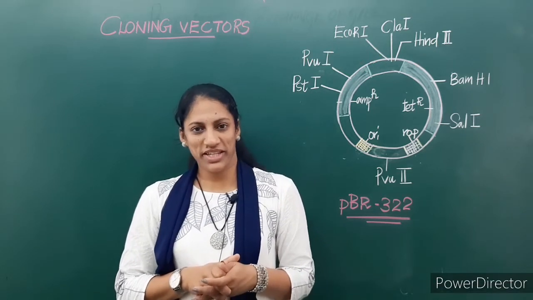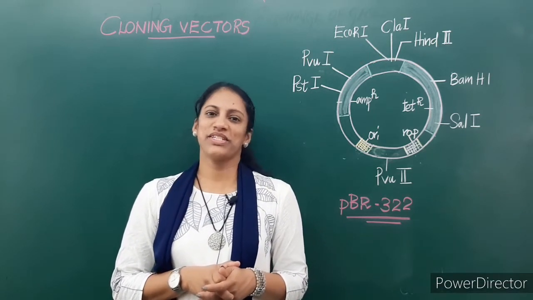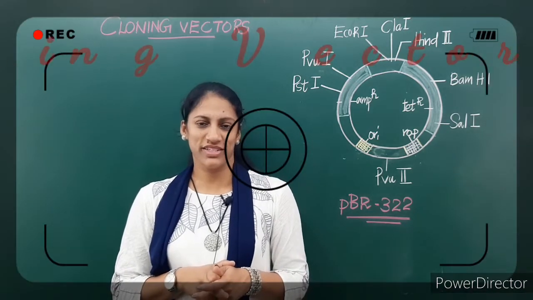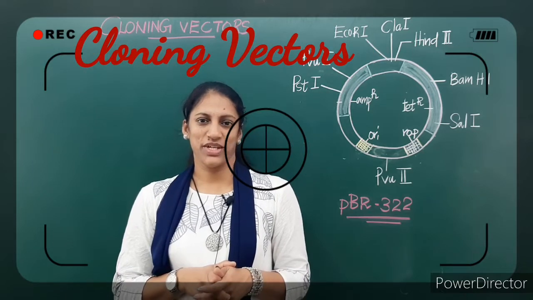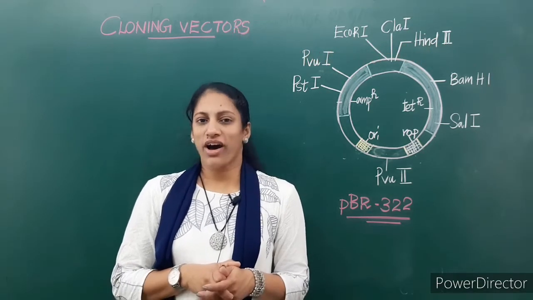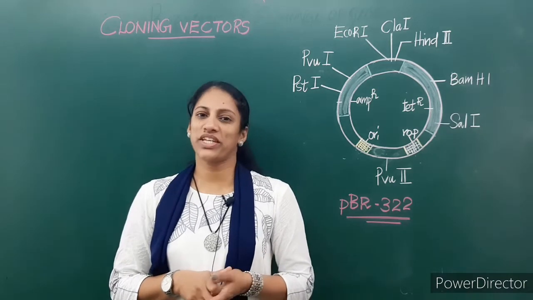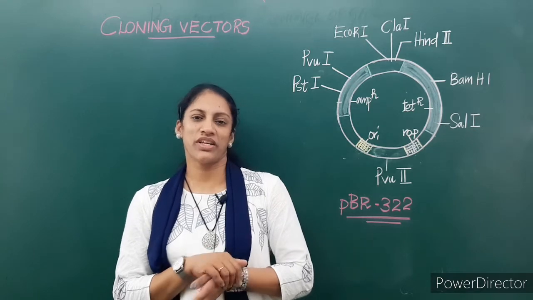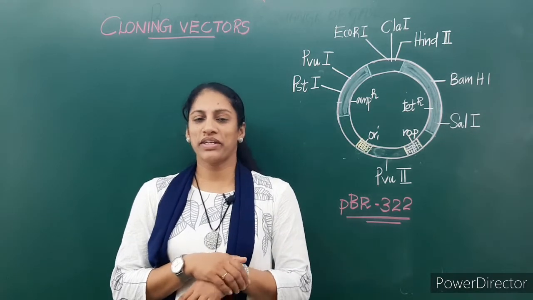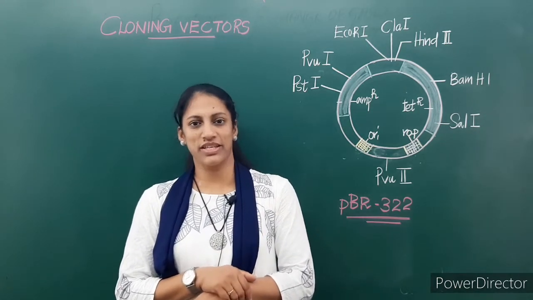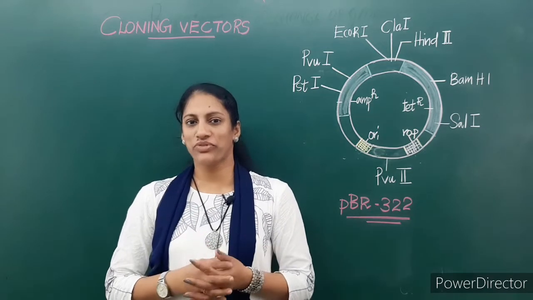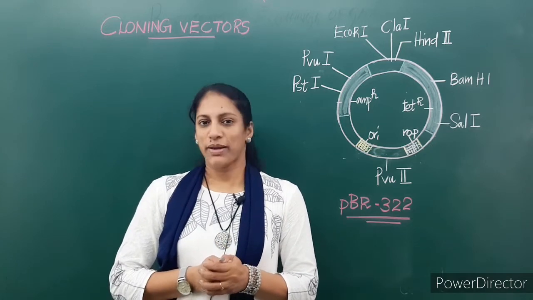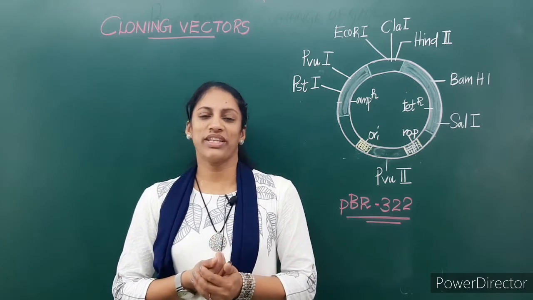So, we were discussing the chapter Biotechnology Principles and Processes, and our next topic is cloning vectors. Under the tools of rDNA technology, the tools of genetic engineering, we have discussed the first topic, restriction enzymes, and the diagrammatic representation of the action of restriction enzymes with the help of the example EcoR1 we have already completed, and I'm sure all of you are very thorough with that topic.